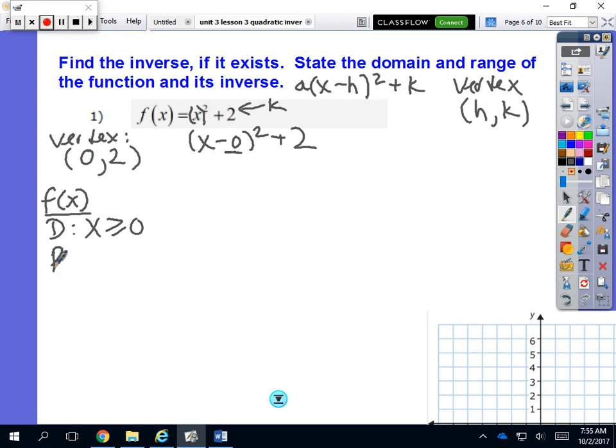The range we just take from the k. Remember, the bottom of a quadratic function, if you shift it up, then the range shifts up also. The bottom of that function is now at 2 instead of at 0. So the lowest y value is right here at 2, so y is greater than or equal to 2. Whatever that number k is tells you your range.